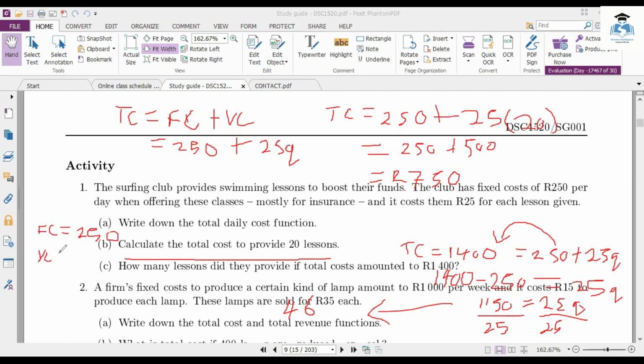Then variable cost is equals to C times Q. Your C here, it says it costs them 25 Rand. So that's 25 times Q, which is 25Q, right? Then you plug these ones onto the formula. So where there is FC, you put your 250 here, plus then VC, you put your VC here. Then that would be your final answer.